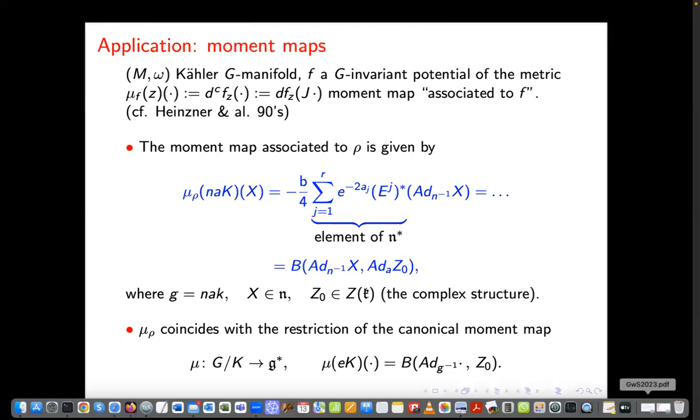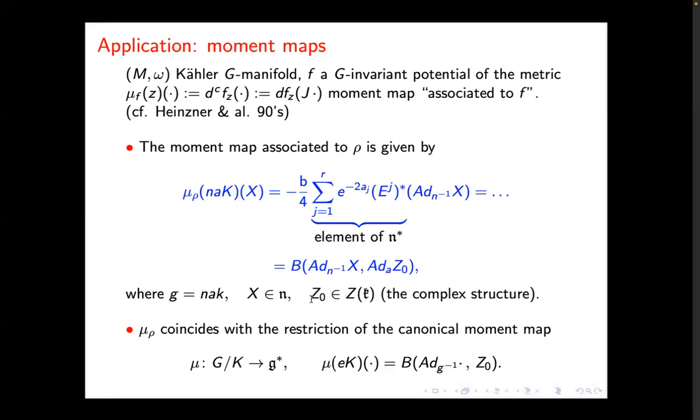This is the canonical moment map from G mod K to G star, where by canonical we mean that it sends the base point into an element of the center of K. If we choose that it goes exactly to the element of the center of K that determines the complex structure of G mod K, then it's completely fixed.